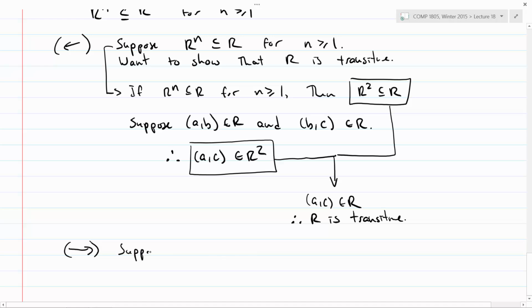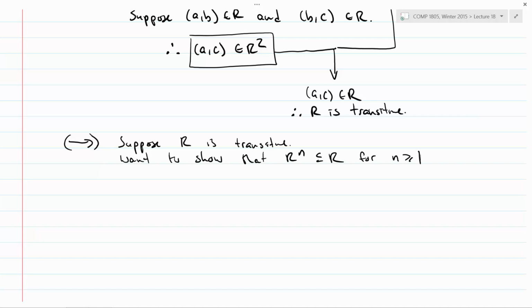So suppose R is transitive, and we want to show that R to the n is a subset of R for n at least 1. Right? That's what we wanted to show.